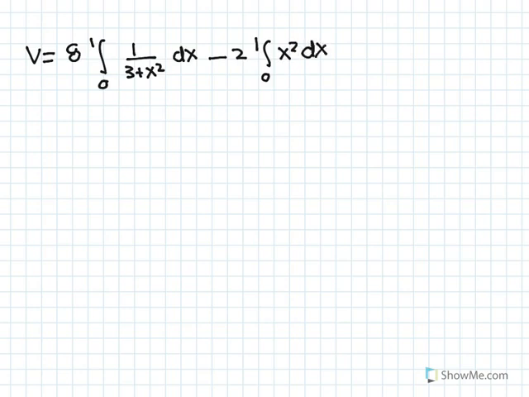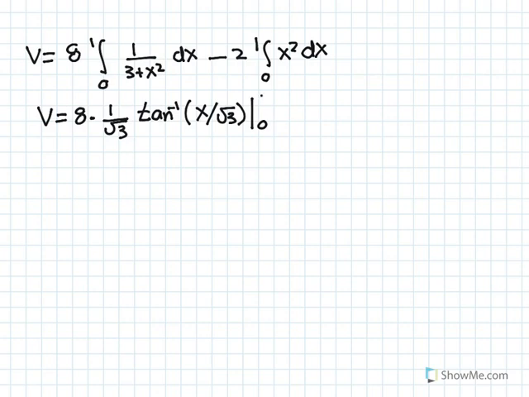Applying the integral formula to the first integral, we get volume is equal to 8 times 1 over root 3 tan inverse of x over root 3 evaluated from 0 to 1, minus 2 times, reversing the power rule, x cubed divided by 3 evaluated from 0 to 1.